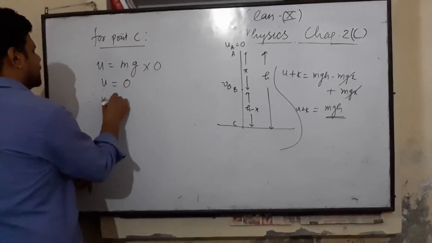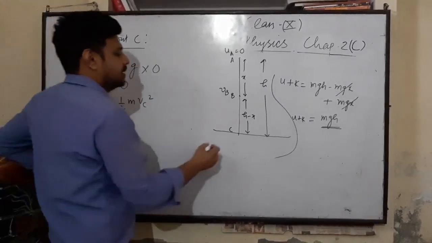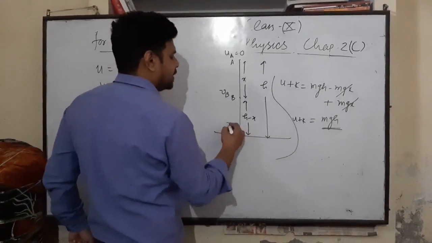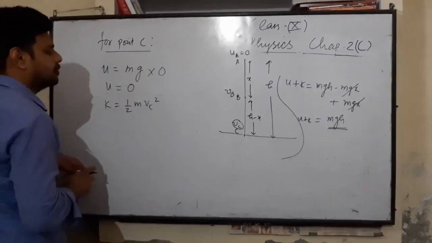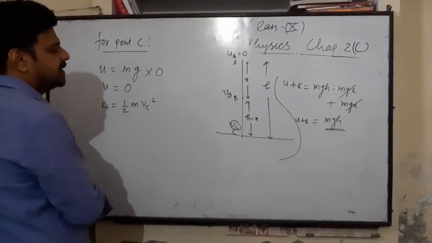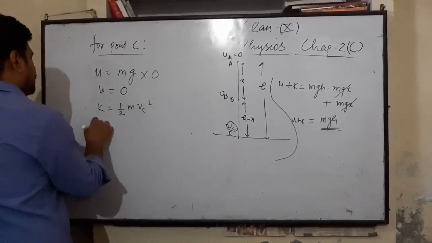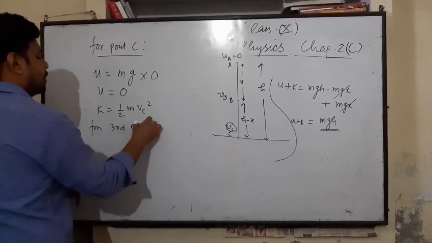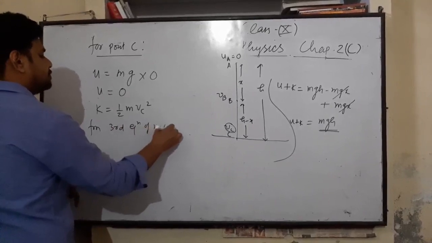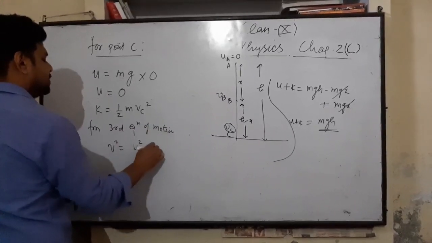And kinetic energy at point C is given by half m v square, the speed of the object at point C. So first we have to find the speed of the object at point C, as we calculated for point B. So from the third equation of motion, v square is equal to u square plus 2gh.